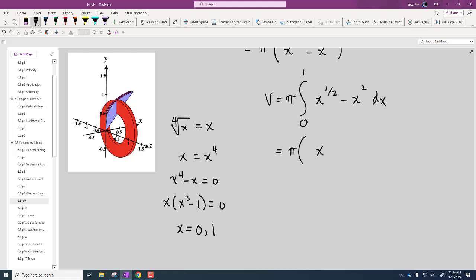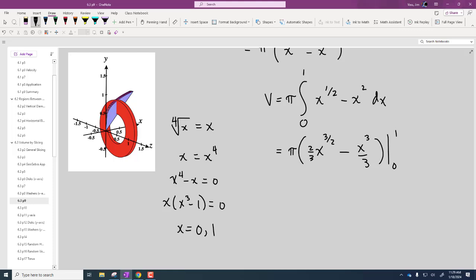Add 1 to the exponent, so we get 3 halves, divide by 3 halves. Plug in a 1, you get 2/3 minus 1/3, which is 1/3.